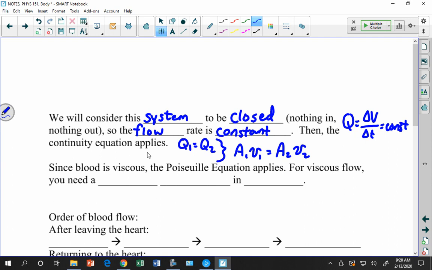Okay, so also since blood is viscous, the Poiseuille equation applies. The Poiseuille equation will apply when you have these viscous fluids, so you can account for that eta, the viscosity of the fluid. And so for a viscous fluid, we talked about this, but you need a continual drop in pressure.